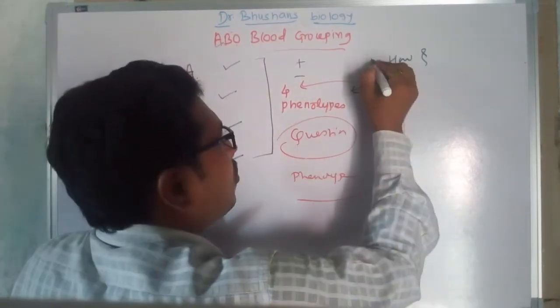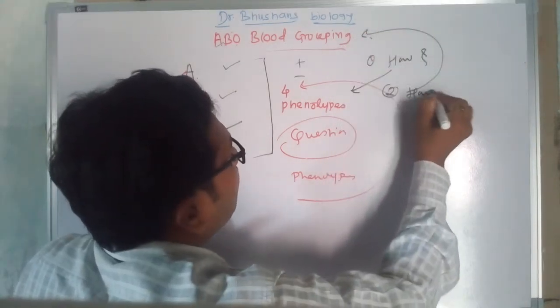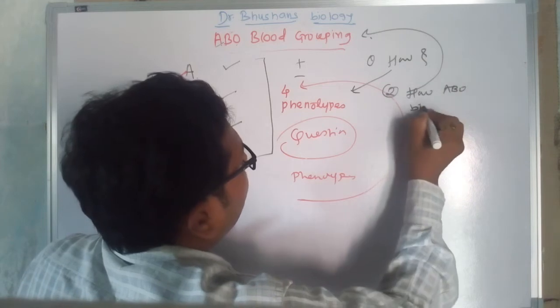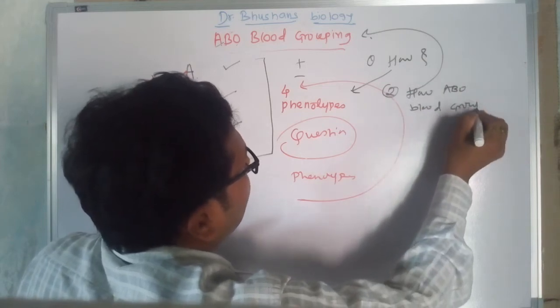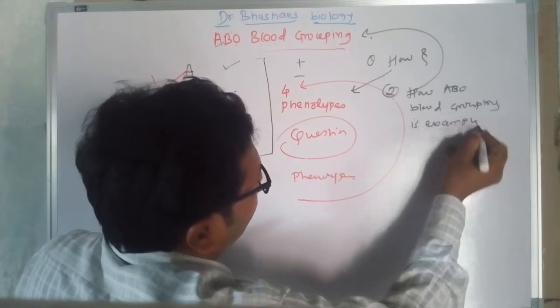And the second question is how ABO blood grouping is an example of multiple allelism.